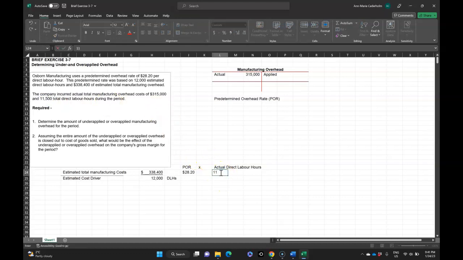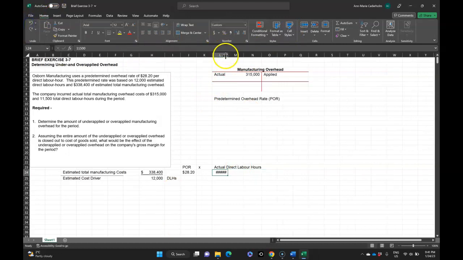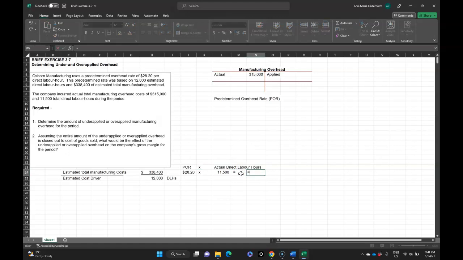So if we take 28.20 times the actual, which is 11,500, that's going to give us our total applied overhead. So 28.20 times 11,500 gives me 324,300.